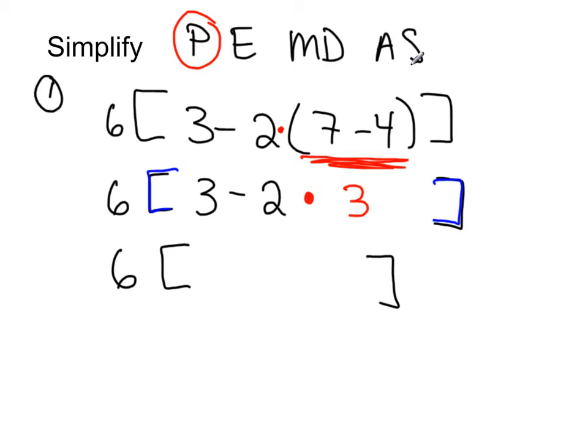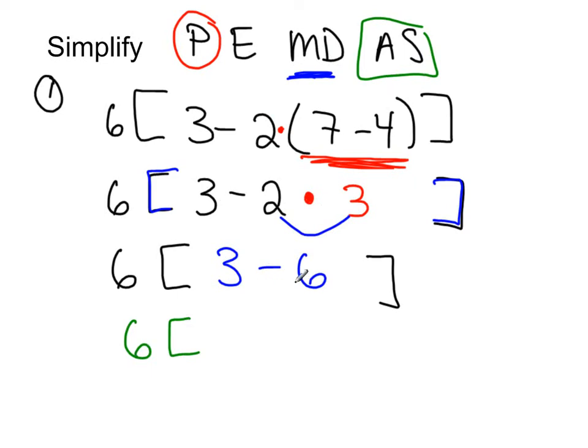Addition and subtraction is the last thing we touch. So we're actually going to have to multiply first. We have 2 times 3, which is 6. So we have 3 minus 6. That's what these two gave us. Now, after multiplication and division, we can do addition and subtraction. So we have 3 minus 6, which is negative 3.